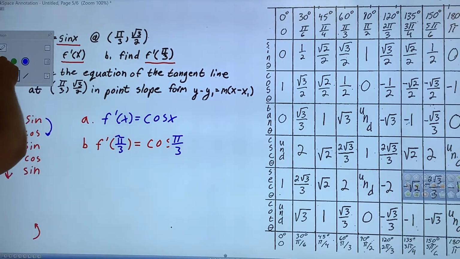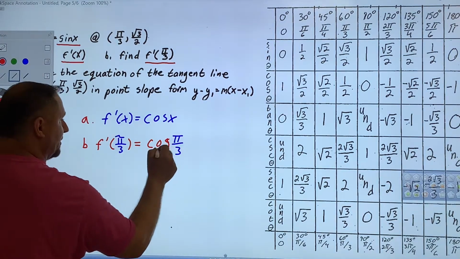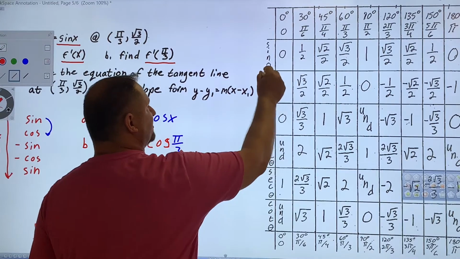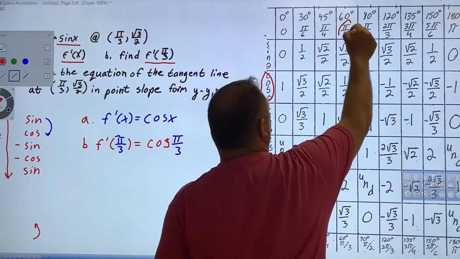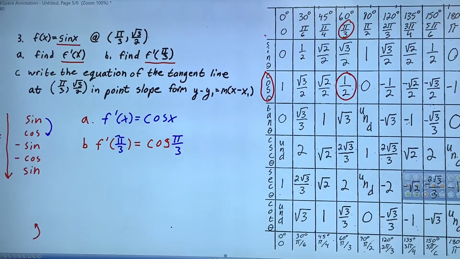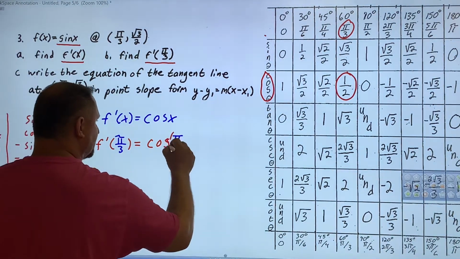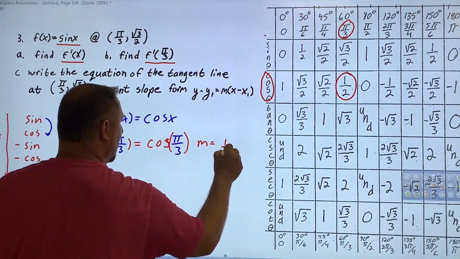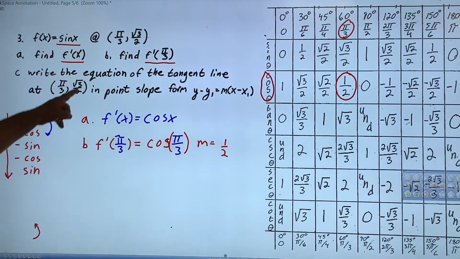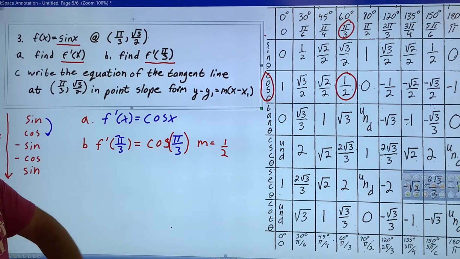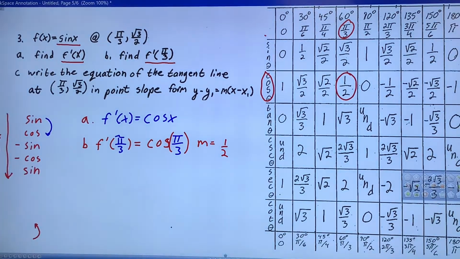Hopefully you all know what cosine of pi over 3 is. If you don't know, come over here to the cosine and scroll over to pi over 3. Cosine of pi over 3 is going to be 1/2. So that means the slope is going to equal 1/2. I have a point, pi over 3, comma, root 3 over 2, and I have a slope, 1/2.